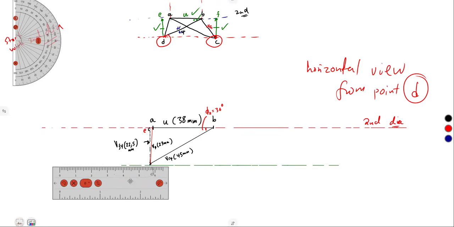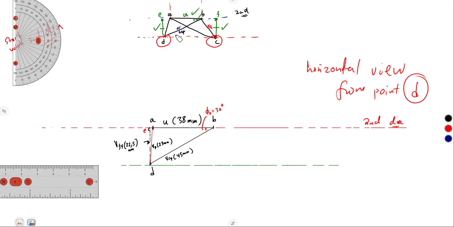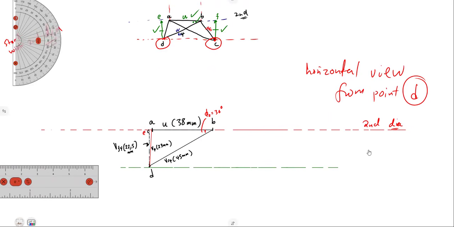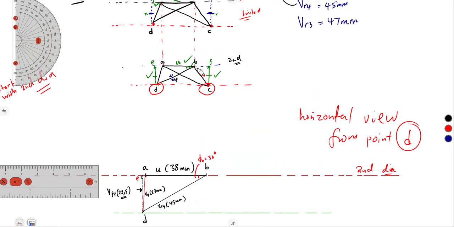As I have got this horizontal view, I know that D and C are found on that horizontal view. So what I can simply do is to measure from B to C, to that horizontal line, VR3. I have it already.